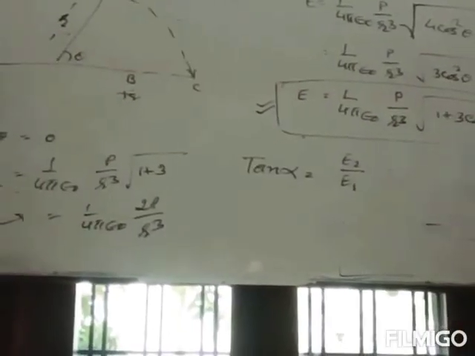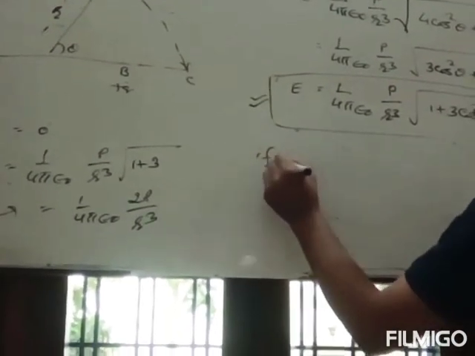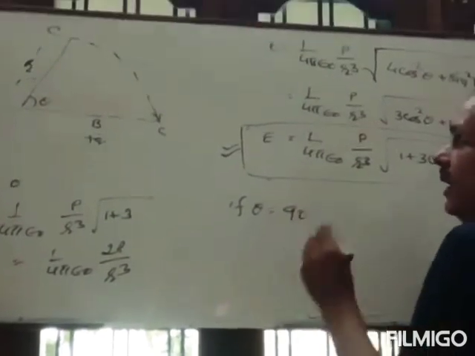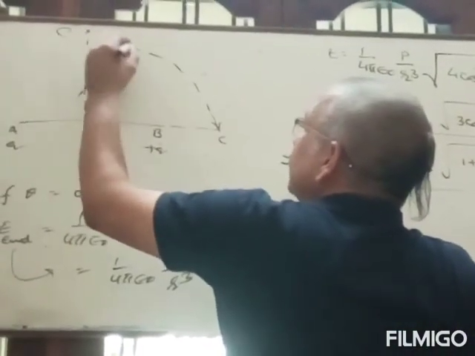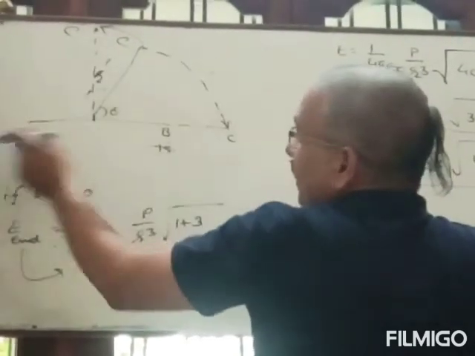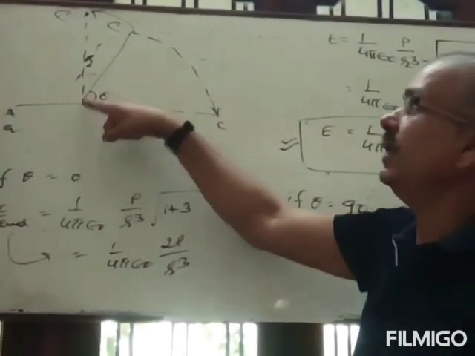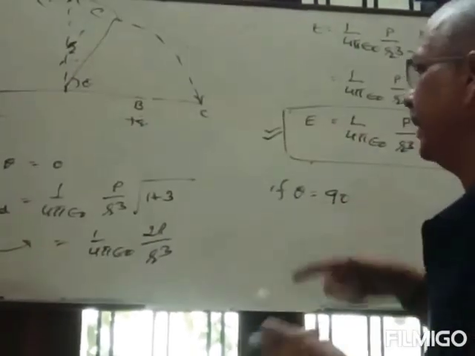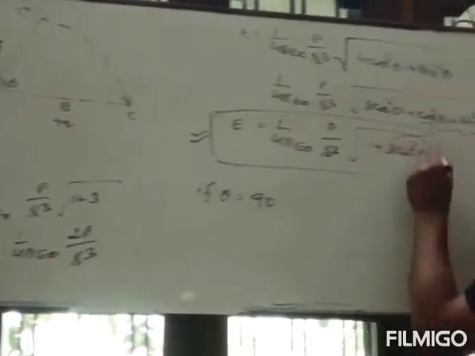Similarly, suppose theta is 90 degrees. If theta is 90 degrees, it means your point C is here. What does it mean? It means point C is present on the equatorial position or broadside position, or on the perpendicular bisector of the electric dipole. Instead of theta we write 90, then this term becomes 0.